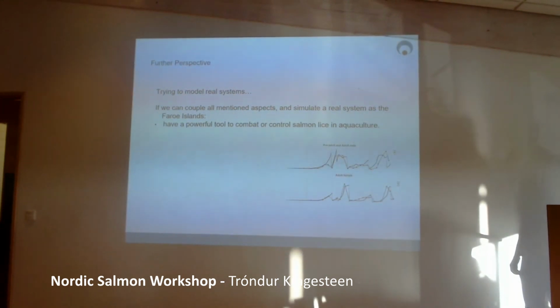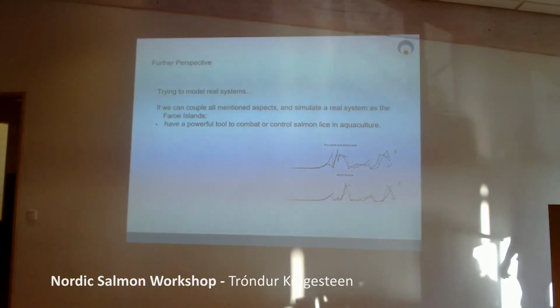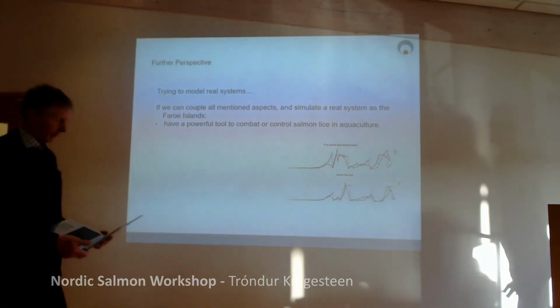Any questions? Thank you very much. I have a little question. Very interesting with the models here, but I have one question. You mentioned, for example, that in Norway they have legislation saying 0.5 or 0.2 female lice per fish, and you mentioned that you have about 1.